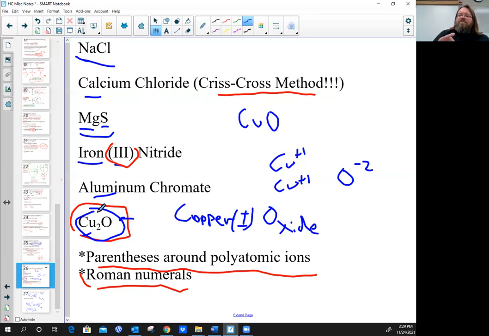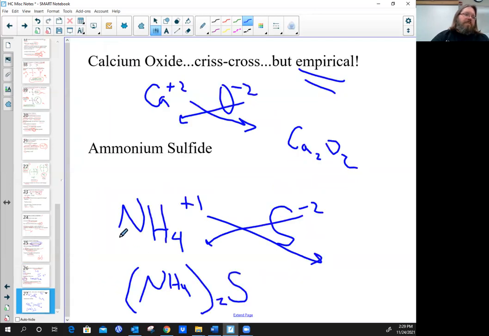This allows us to differentiate, because later, when we come back after we get through the ionic compounds, we're going to talk about naming and recognizing molecular compounds. They will possess all nonmetals. The one exception to this is the ammonium ion.